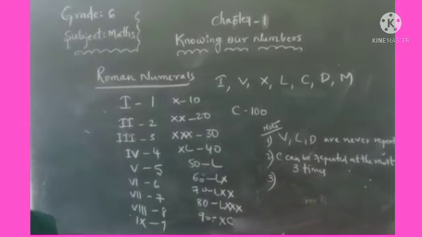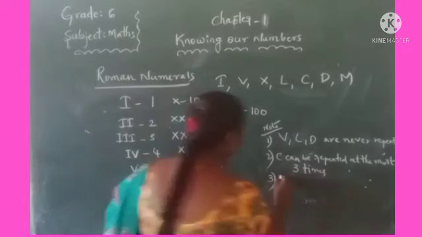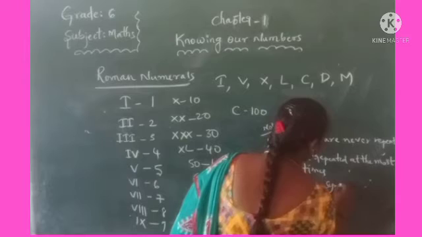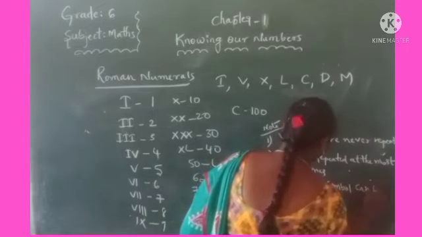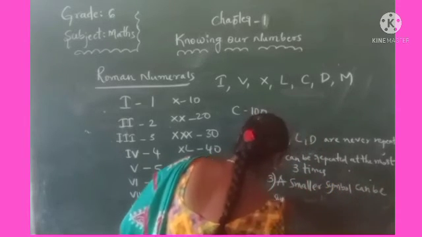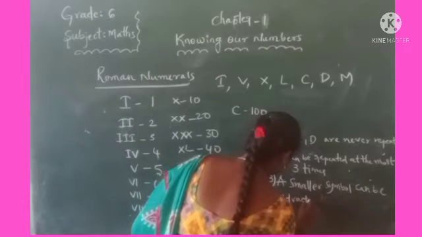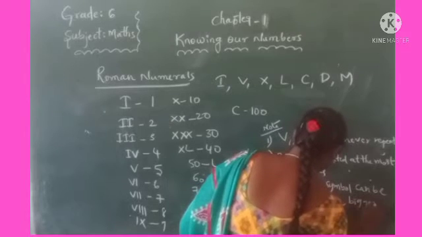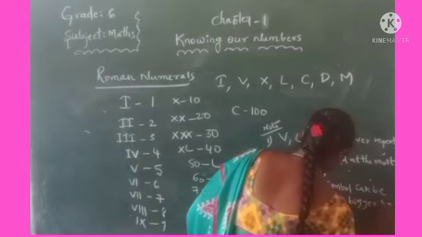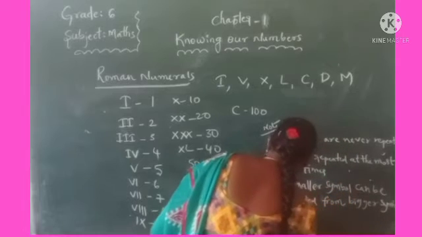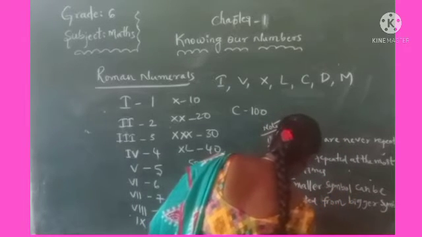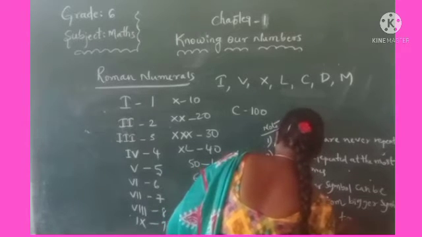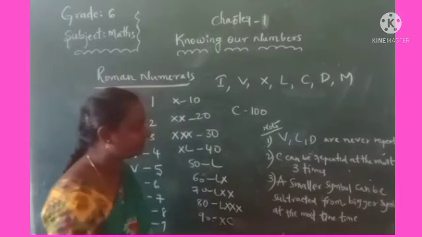A smaller symbol can be subtracted from a bigger symbol at the most one time. These are the 3 conditions you have to remember.